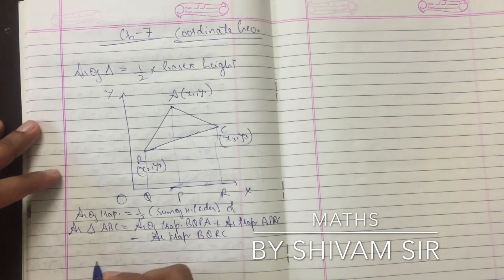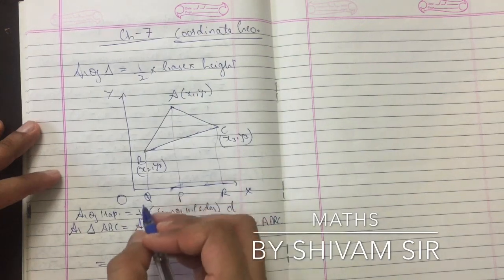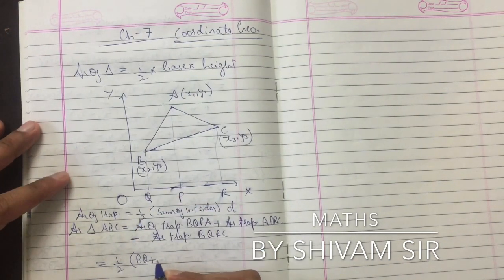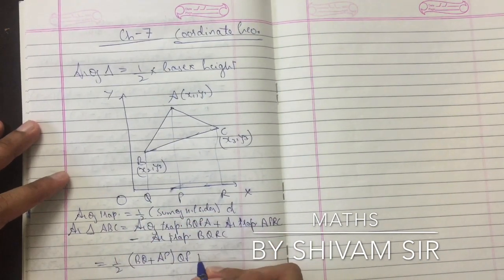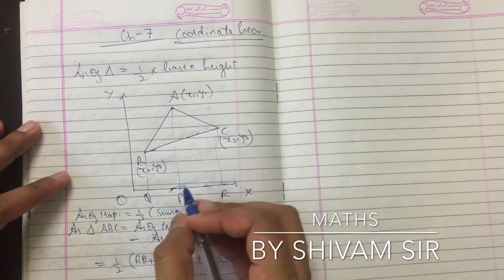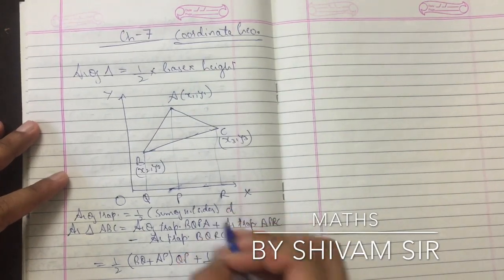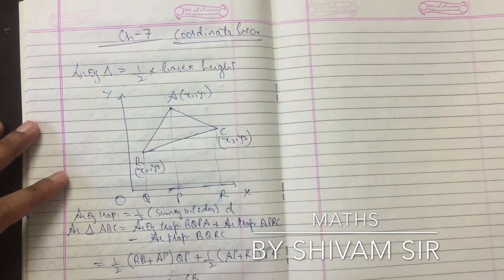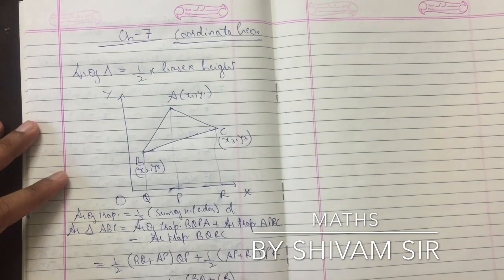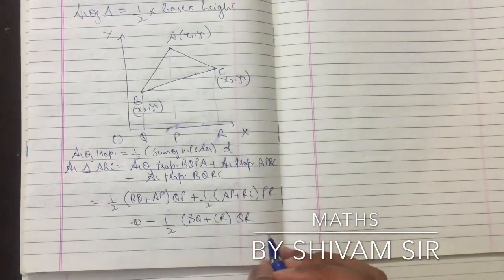So the area of trapezium BQPA will be half the sum of parallel sides, BQ plus AP, multiplied by the distance between them, QP, plus half the sum of parallel sides, AP plus RC, multiplied by the distance between them, PR, minus half the area of BQRC, which will be the sum of parallel sides BQ plus CR, multiplied by the distance between them, QR.